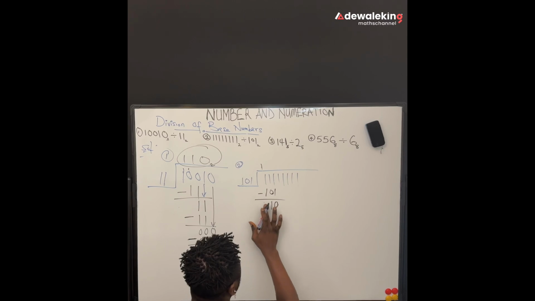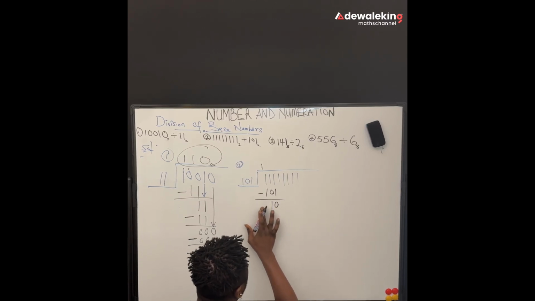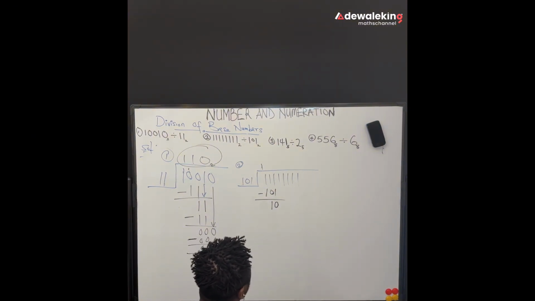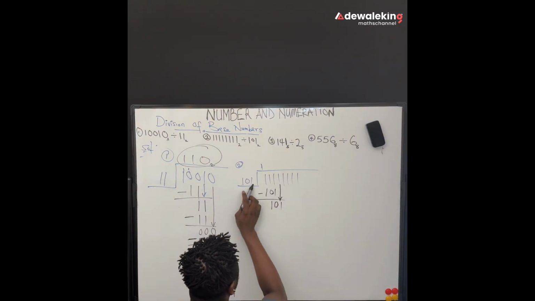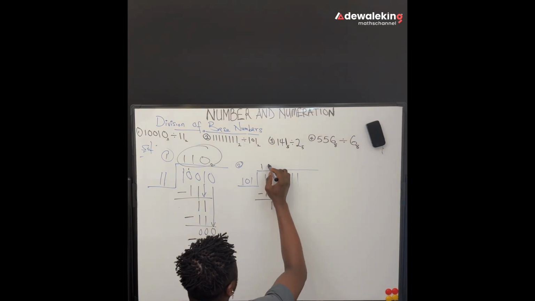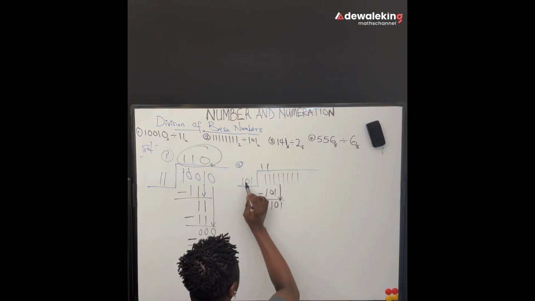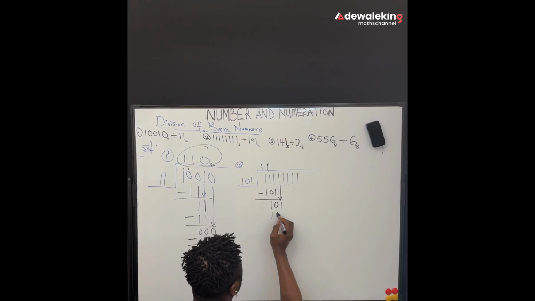We don't need this because it's starting the number, so it's still the same thing as 1, 0. So we're going to put this down, and that will be 1. 101 divided by 101 will give us 1. 1 times 101 will give us 101. You subtract this again, you get 0.